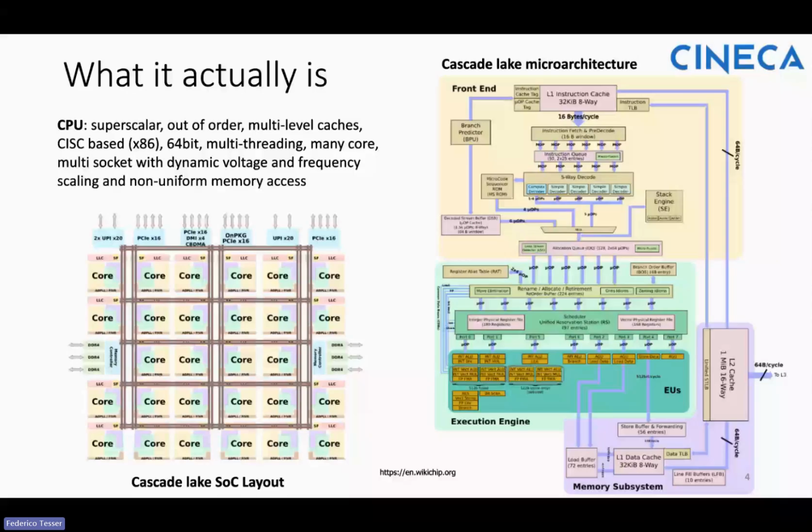Currently, CPUs are superscalar, out-of-order execution based, with a lot of caches, complex instruction set, multi-threading, many cores, multi-socket. So it's something quite complicated to deal with.